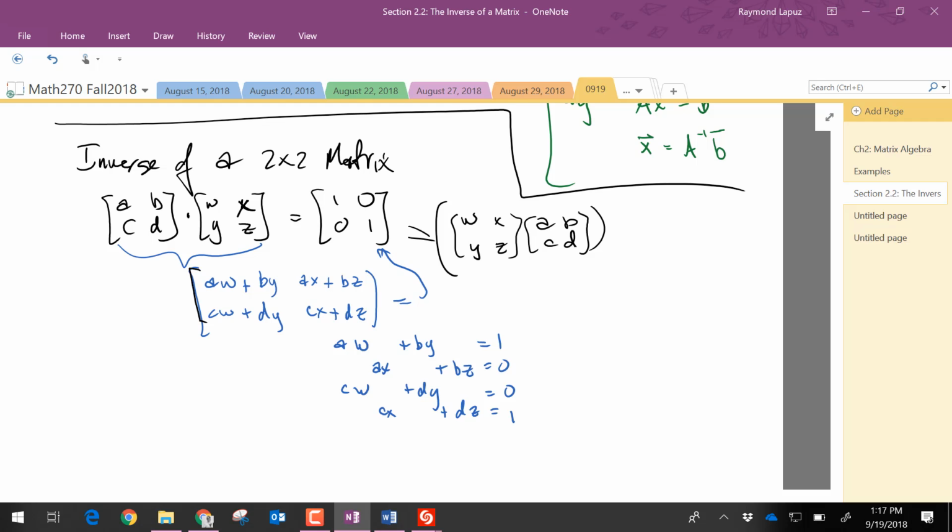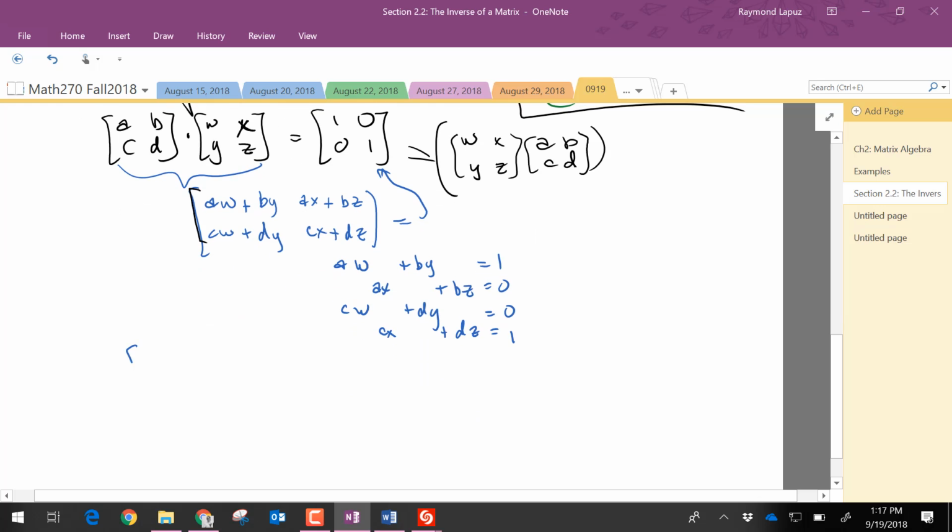Well, let's be safe. Let's do the matrix. Let's get the matrix out of this. If W, X, Y, and Z are the variables, the matrix looks like A, 0, B, 0, and then our augmented portion is 1.